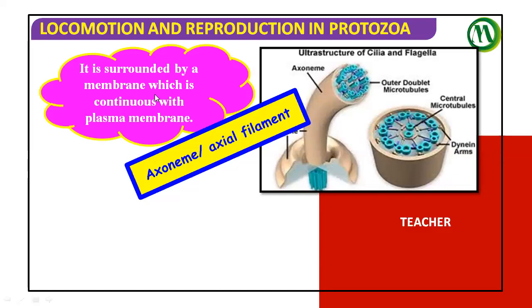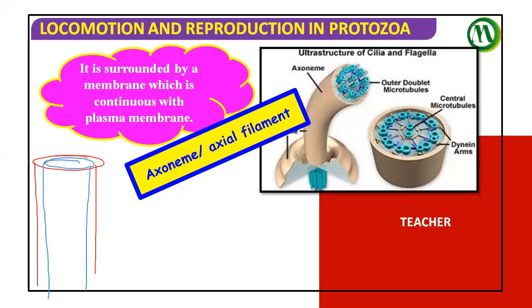The axoneme surrounded by the plasma membrane or protoplasmic sheath is what we call the flagellum. So what is the difference? Here it is a protoplasmic sheath, the outer sheath or plasma membrane, and the inner one is the axoneme.